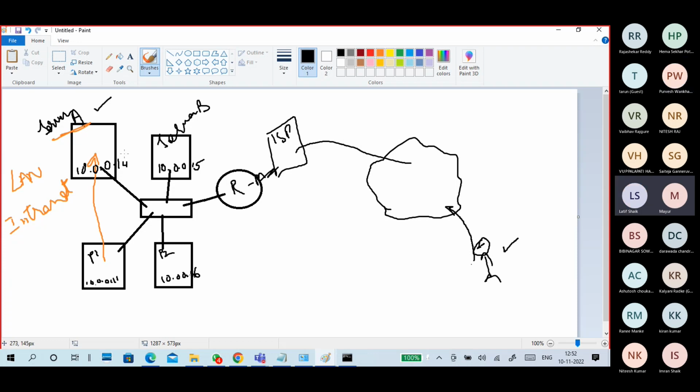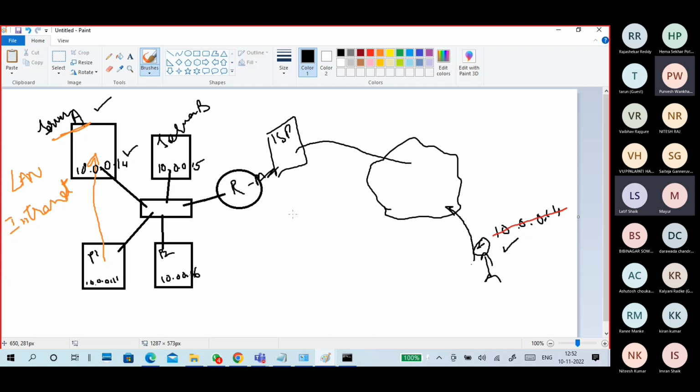Why? I have a private IP address. So if you type 10.0.0.14, still he cannot reach me because it's private. The IP address can be anywhere. He cannot reach it. This won't work.